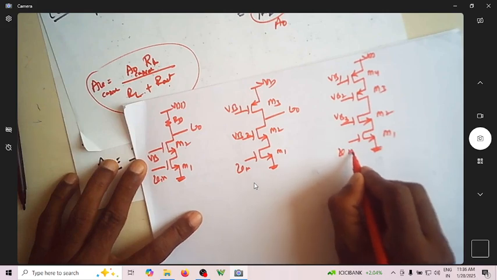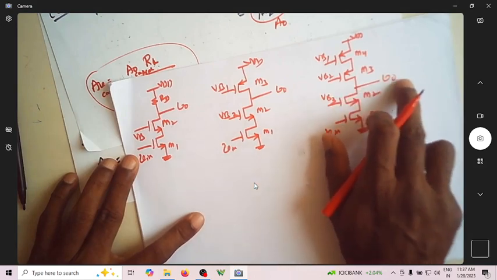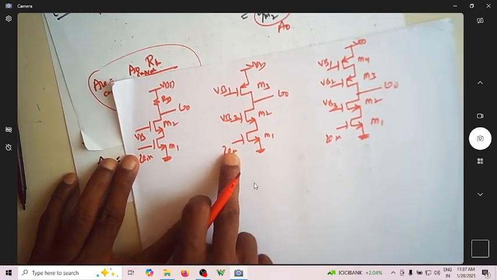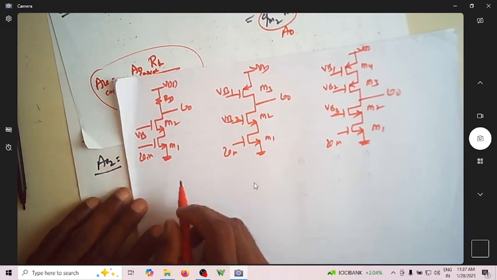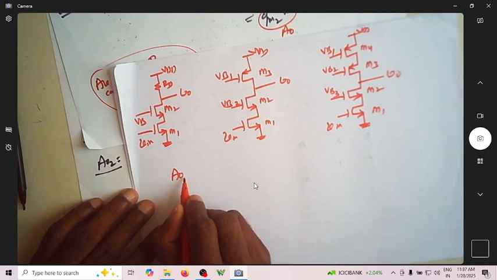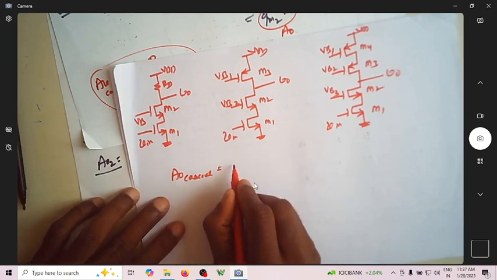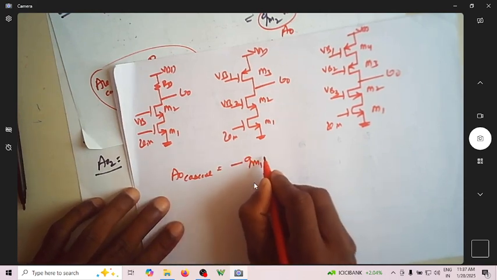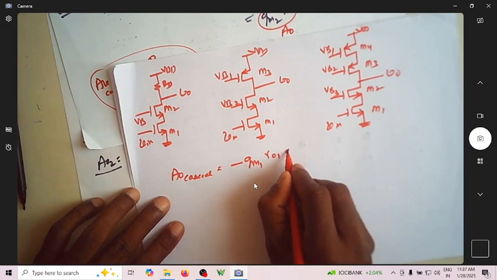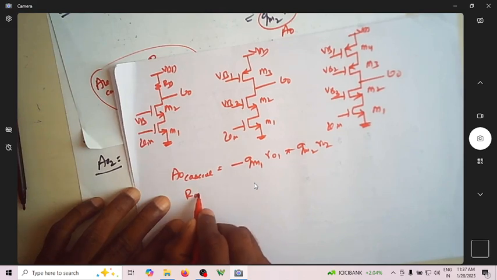This is Vin. Of course, writing where you're taking the output and where you are applying the input is important. And in all these cases, A naught of the cascode is minus gm1 r01 into gm2 r02.